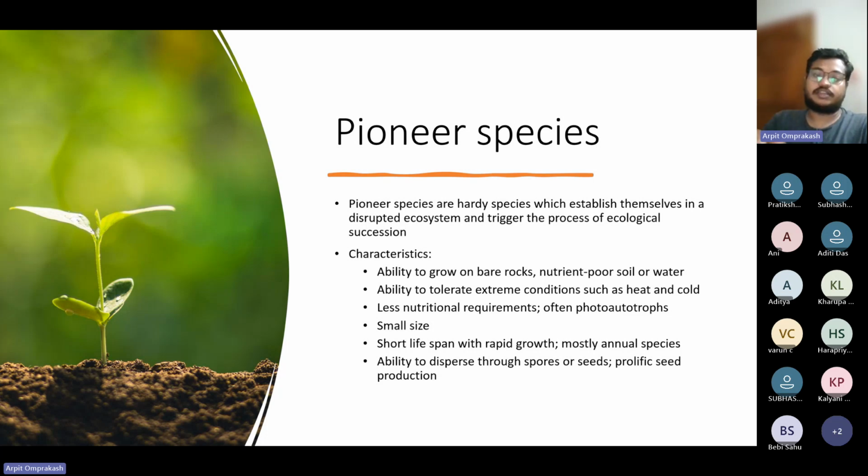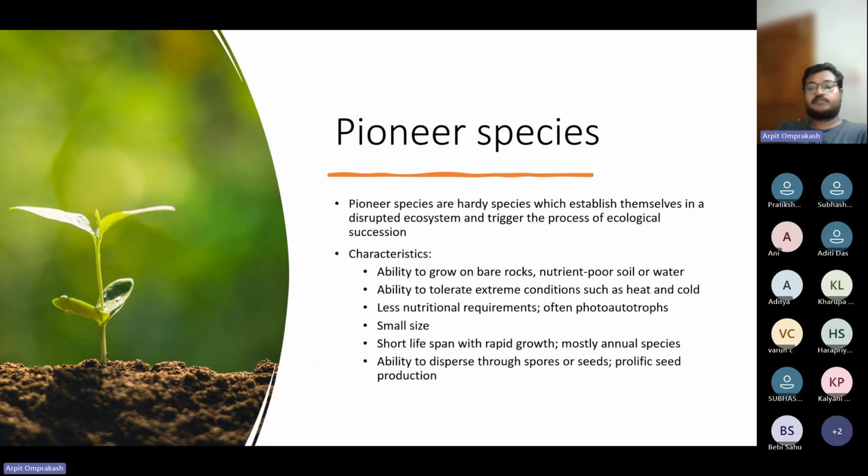And the final thing, which is one of the most important, is the ability to disperse through spores or seeds. Because if you have a bare rock area, you have no life there, no living organism, no ecological community. So the first organisms that will grow there will need to come in some form.